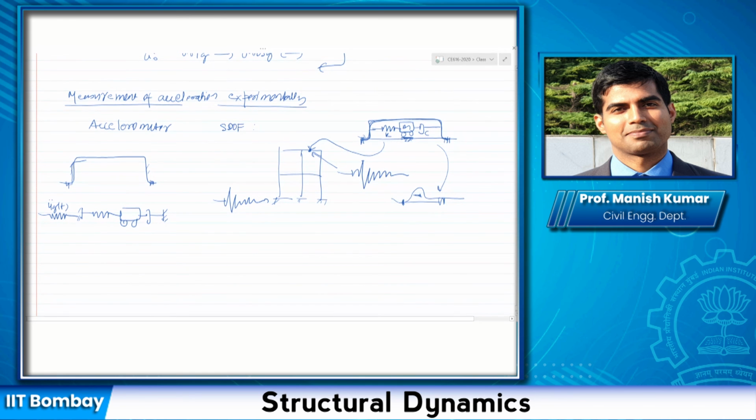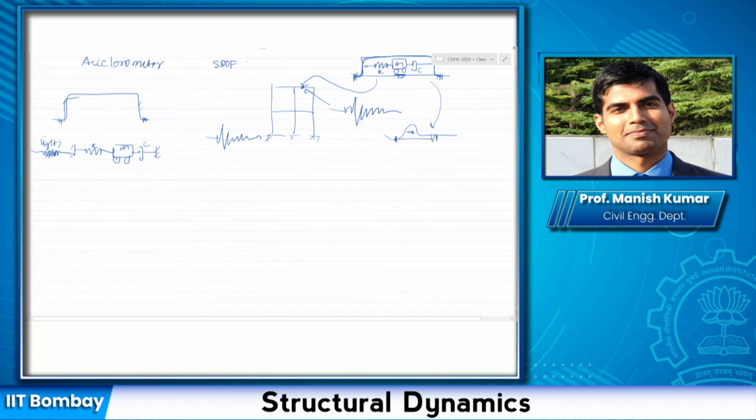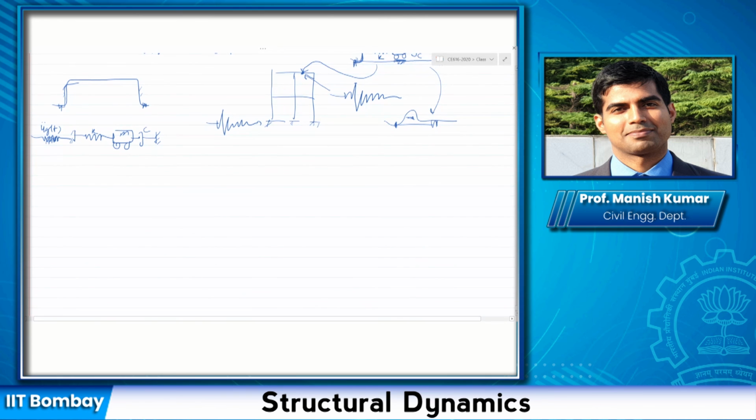Don't worry about this damper being on the left or right side. In terms of forces and displacement, it does not matter whether you keep it on the left or the right side. So in this case, if you want to measure the acceleration at which the support is vibrating through this spring-mass-damper system, this is the same problem that we have discussed: the amplification of the response due to support excitation.